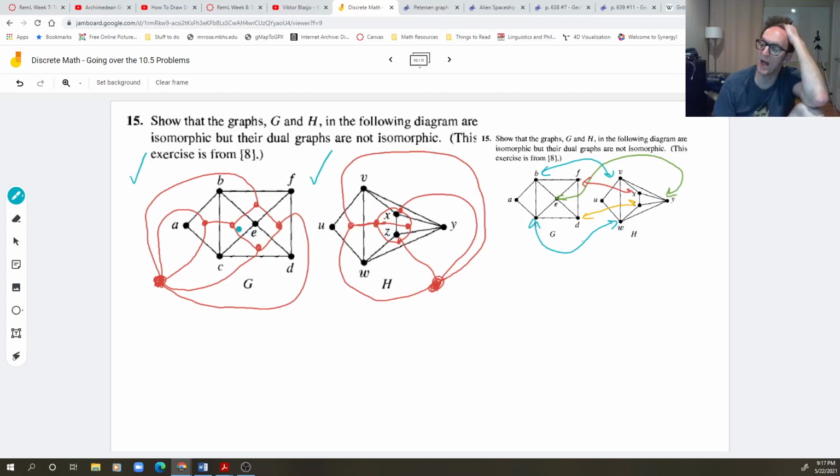What it means is that duality is really more of a geometric concept than a graph theoretic concept. The dual of a graph really does depend on the particular embedding. It encodes something more.